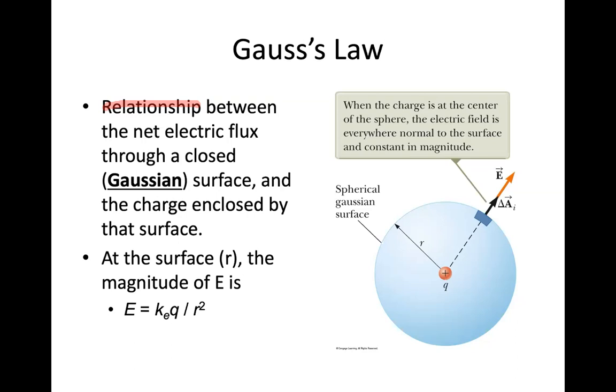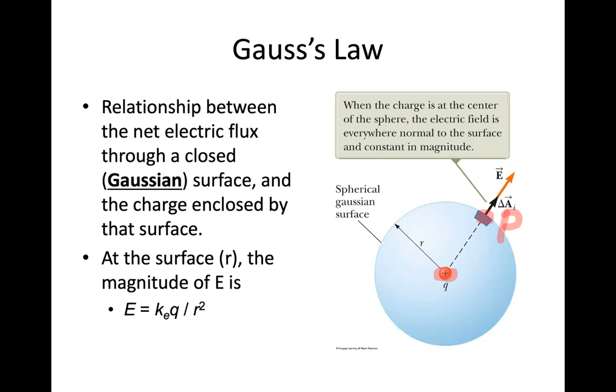First, there's going to be a relationship between the net electric flux through a closed surface, so we're going to call that our Gaussian surface, and the charge enclosed by that surface. Okay, so let's go back and remember, if we just have a positive point charge, right? And we want to know what is the electric field at point P. Well, we know how to do this.